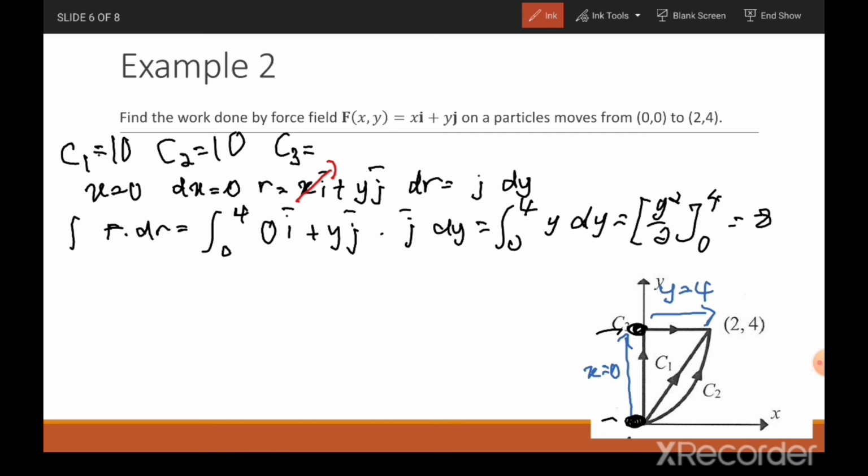Okay, then you repeat again for another path. Y equal to 4. Okay, so y equal to 4, dy is 0. So r is xi, okay, plus yj. Y is 0.